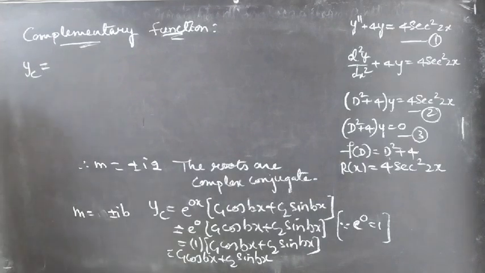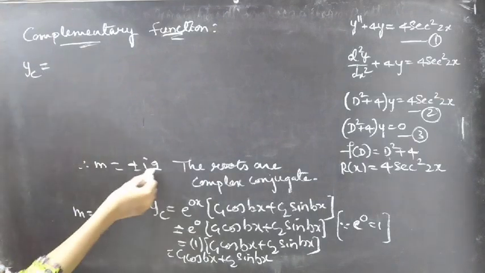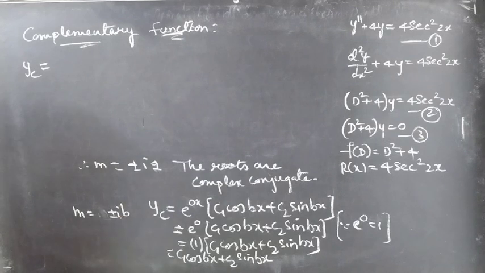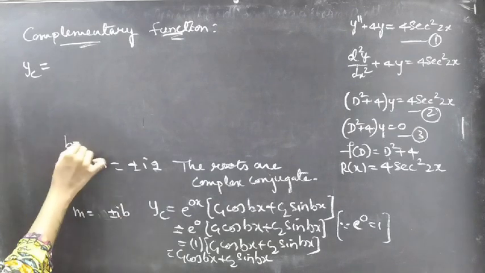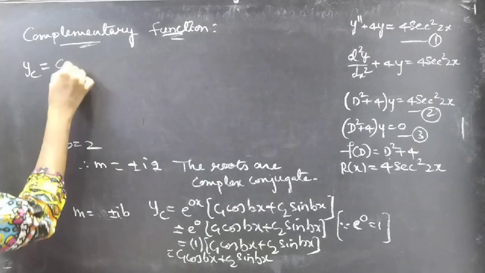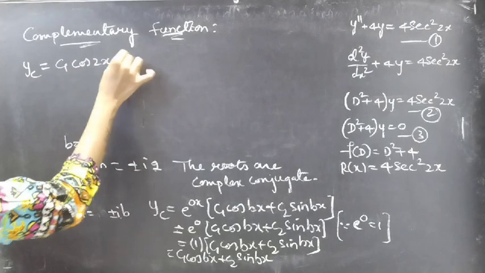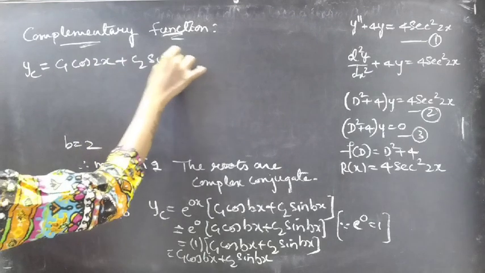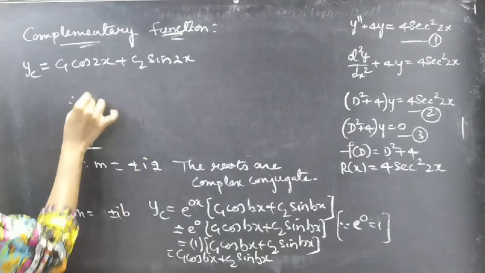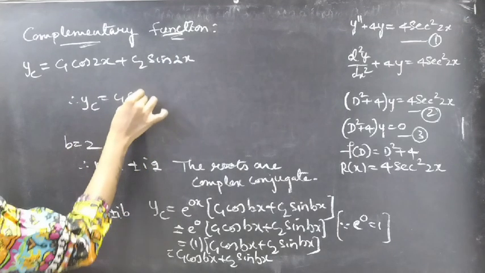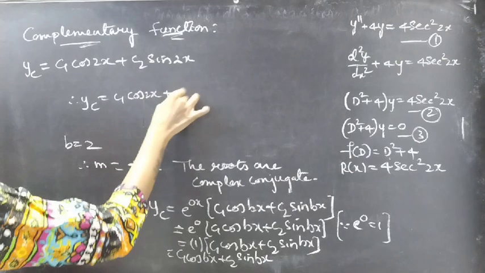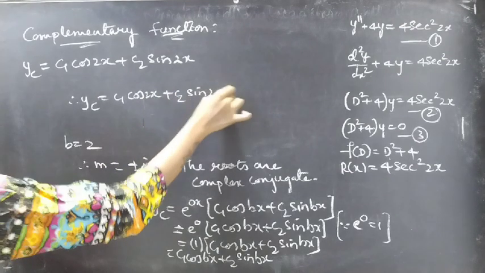The complementary function is given by y equal to, just compare plus or minus 2i with plus or minus ib, then for b equal to 2, we'll have yc equals c1 cos 2x plus c2 sin 2x.